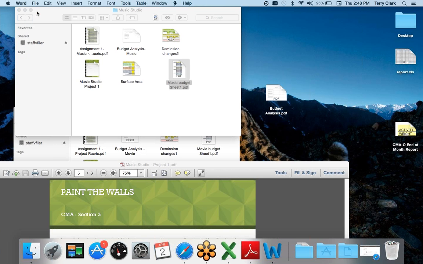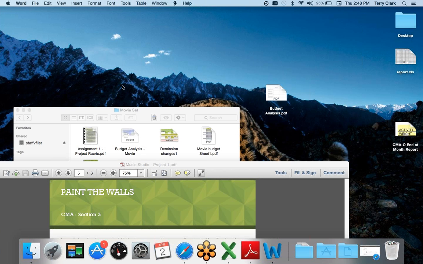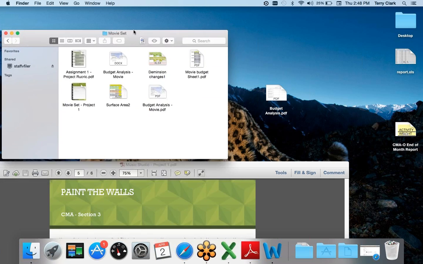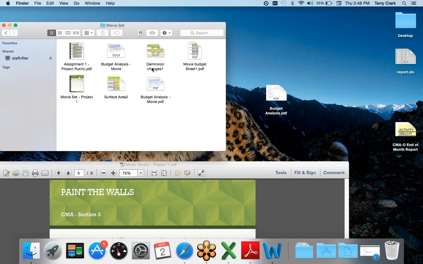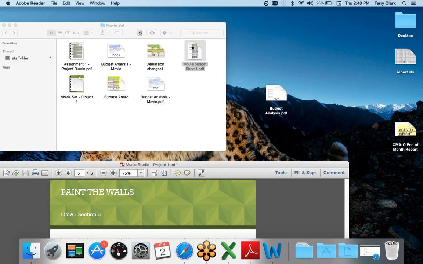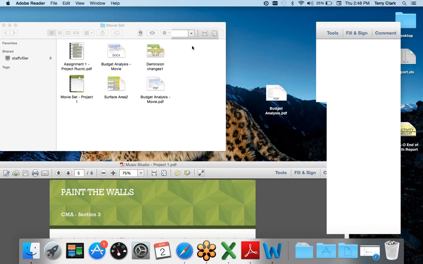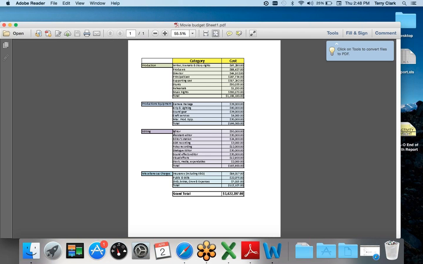The difference between the music studio and the movie is going to be the designs and the budget. So what I want to do now is look at the budget analysis for the movie, because the movie is going to have a different budget.